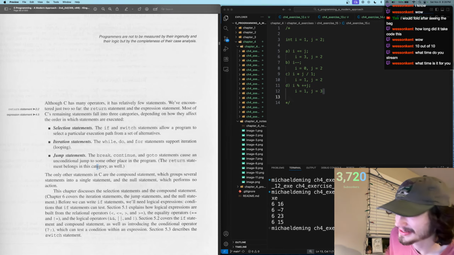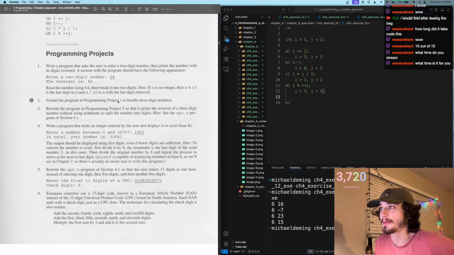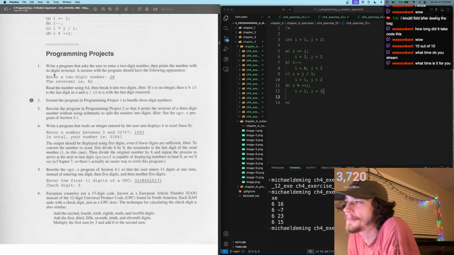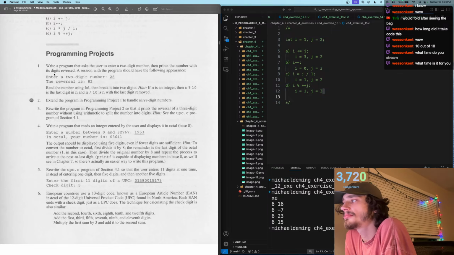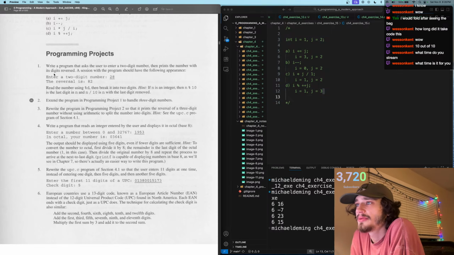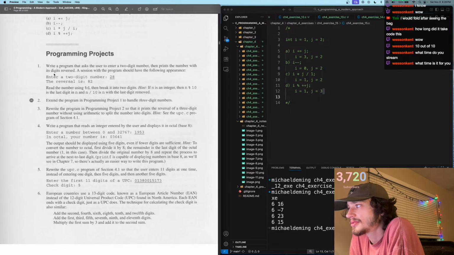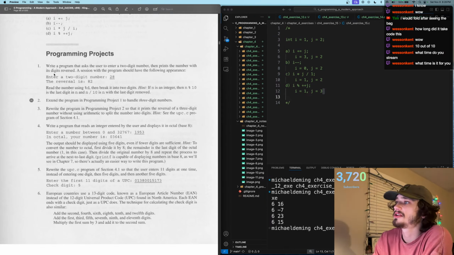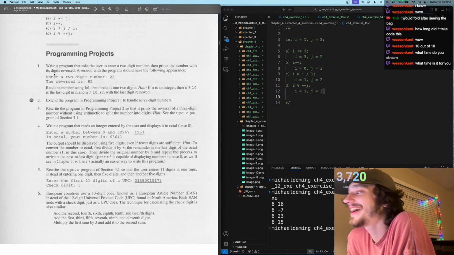Excuses, excuses. Let's take a peek at some of these programming projects. Write a program that asks the user to enter a 2-digit number, then print the number with its digits reversed. Oh, this is so easy. Read the number using %d, then break it into 2 digits. Oh, it wants us to use the modulo. Cool.